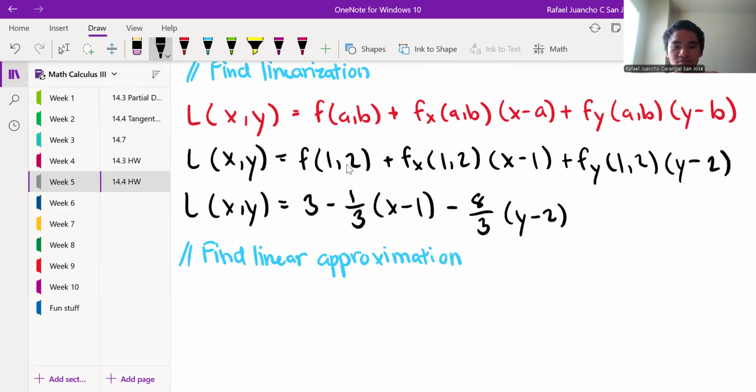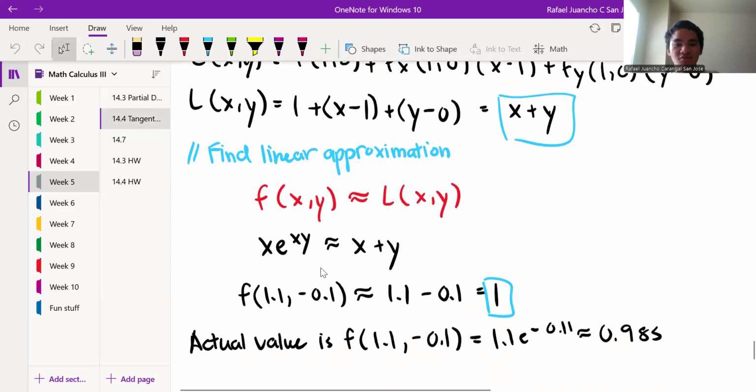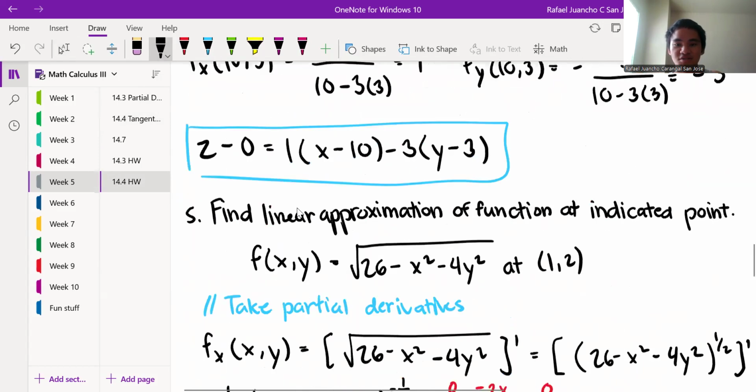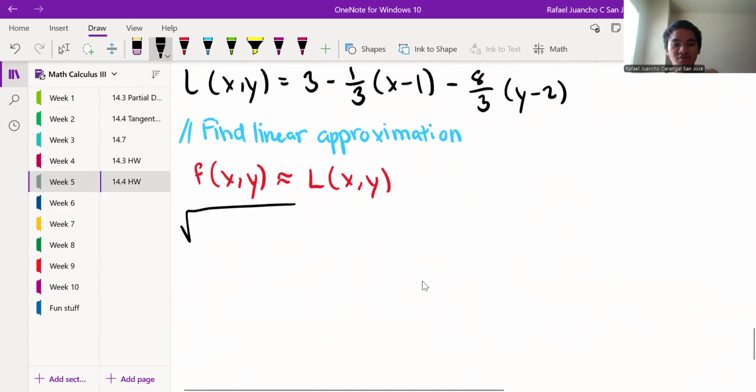And that's the idea, that my function itself is approximated by my linear function, right? And so I just plug in what I know. So my function is this square root, right? So here I'm just really copying the steps. And I'm going to approximate that to my L function.